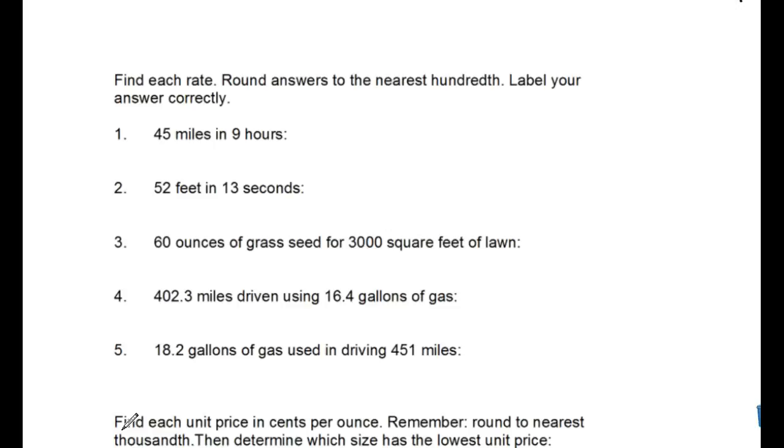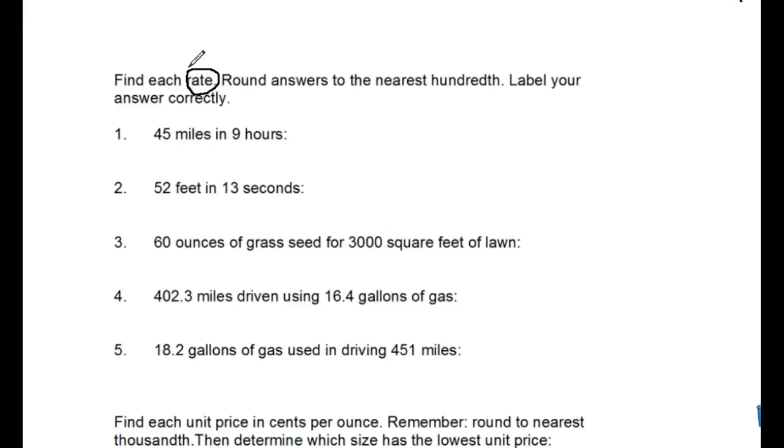So we want to find each rate and we want to round the answers to the nearest hundredth. And part of doing rate is to be able to give a label that describes the rate. So for number one, we're going to find the rate of 45 miles in 9 hours. And remember that rate means for every one.